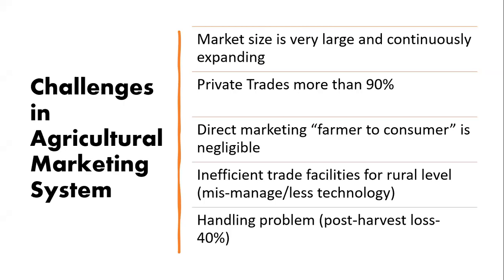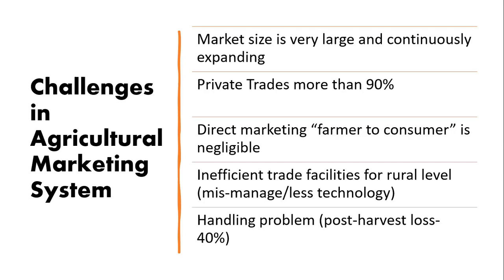Okay. The next challenge in the marketing system is the trading system. 90 to 95% of the traders are private traders. Therefore, a real monitoring mechanism is not available in Sri Lanka, and the information flow throughout the value chain is not fairly distributed among the stakeholders, right?